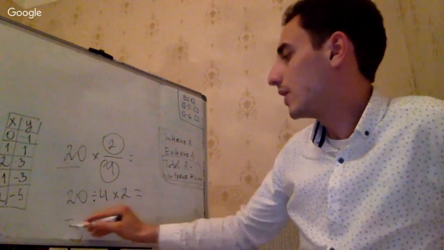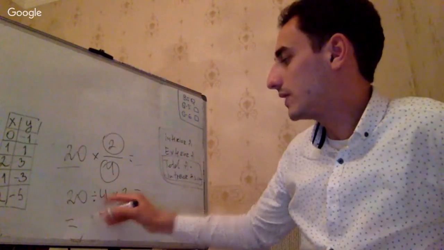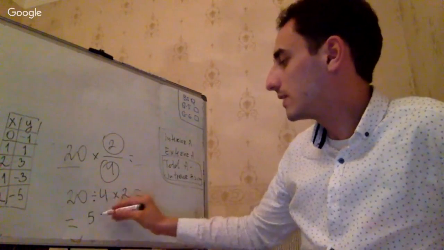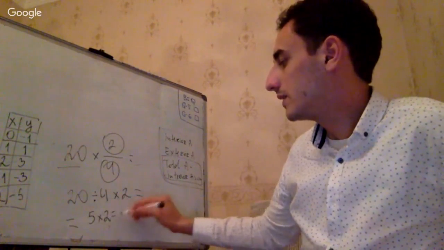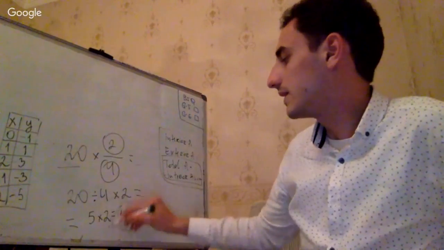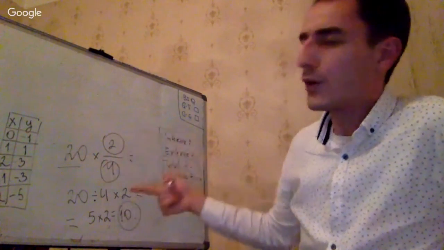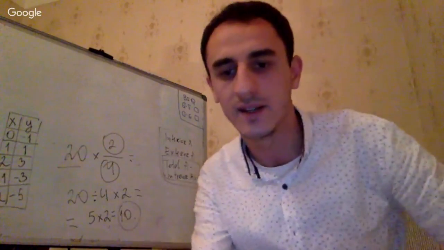That is 20 divided by 4, which is 5. 5 multiplied by 2 is 10. So the answer is 10. So 2 over 4 of 20 is 10, Arif. Clear now?